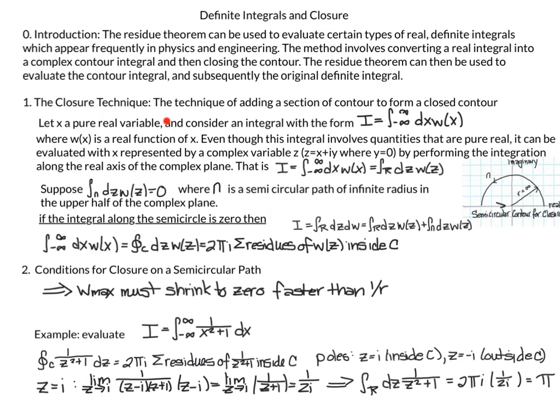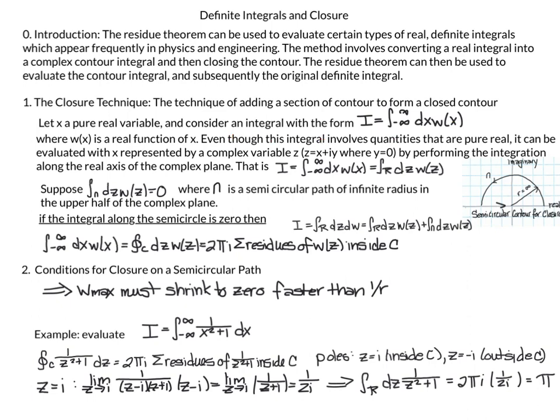Our closure technique is adding a section of contour to form a closed contour. We considered x a pure real variable, and an integral of the form I equals the integral from negative infinity to infinity dx of w(x).